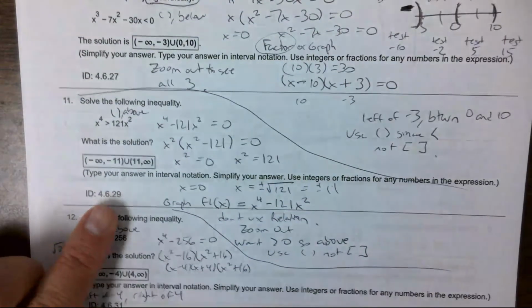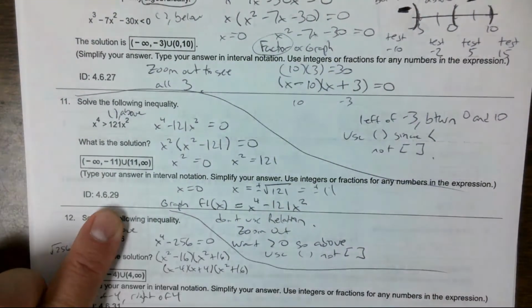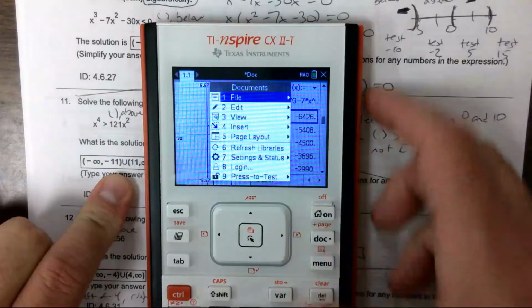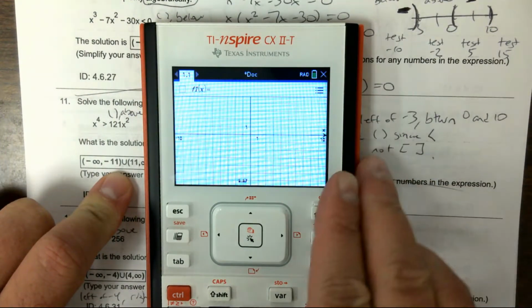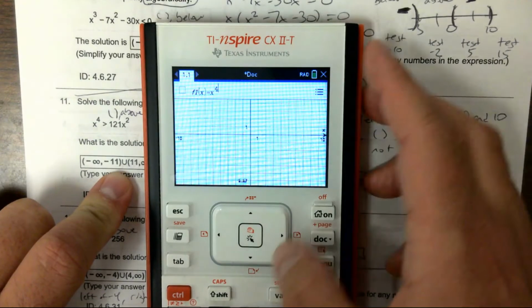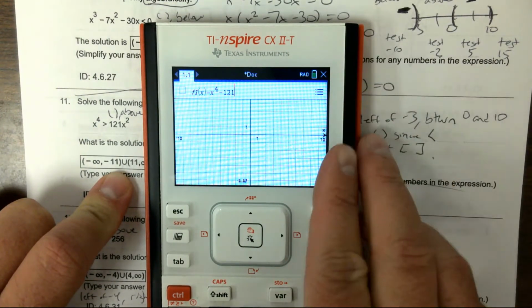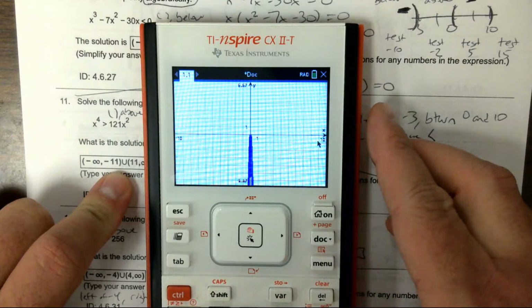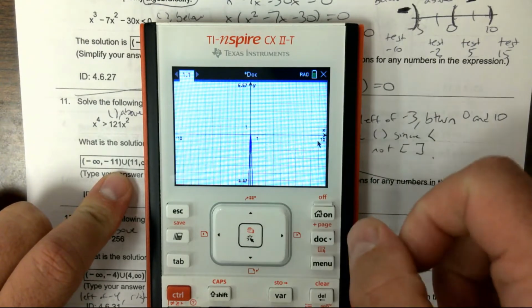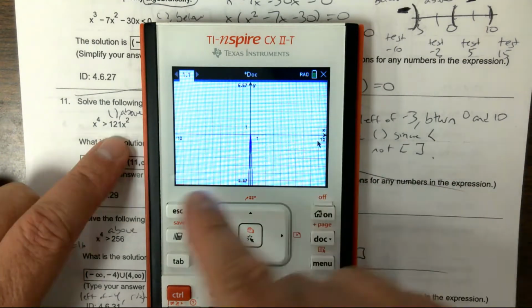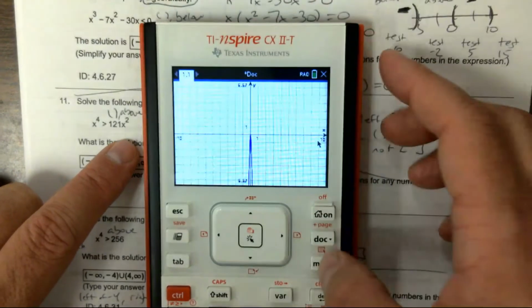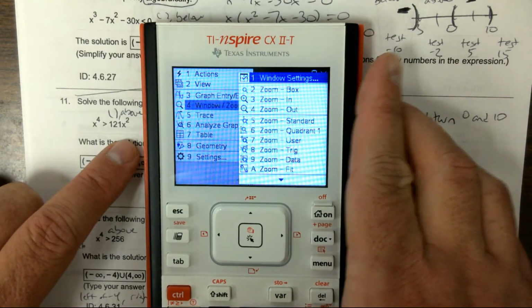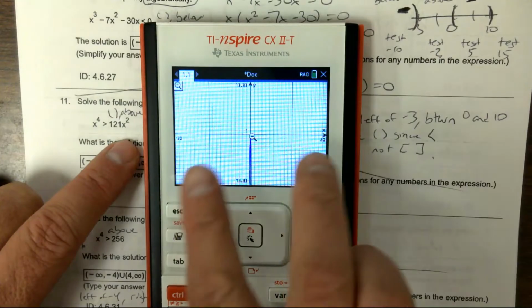So again, let's graph it. X to the 4th minus 121x squared, enter. Now since we know the square root of 121 is 11, you might want to zoom out a little bit, and there you can see it.